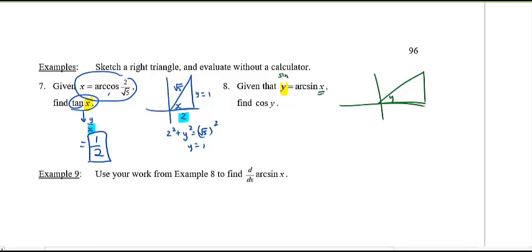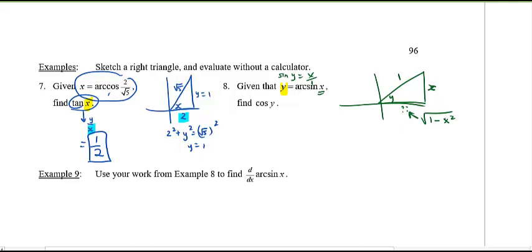The sine of angle y equals x. And then as a ratio, this would be x over 1. Then the ratio of sine is the opposite side, which is this one, opposite the angle, that's x. And the hypotenuse is 1. And knowing that, then, how can I go ahead and find the missing side here? Yeah, using Pythagoras, this is just the square root of 1 minus x squared.